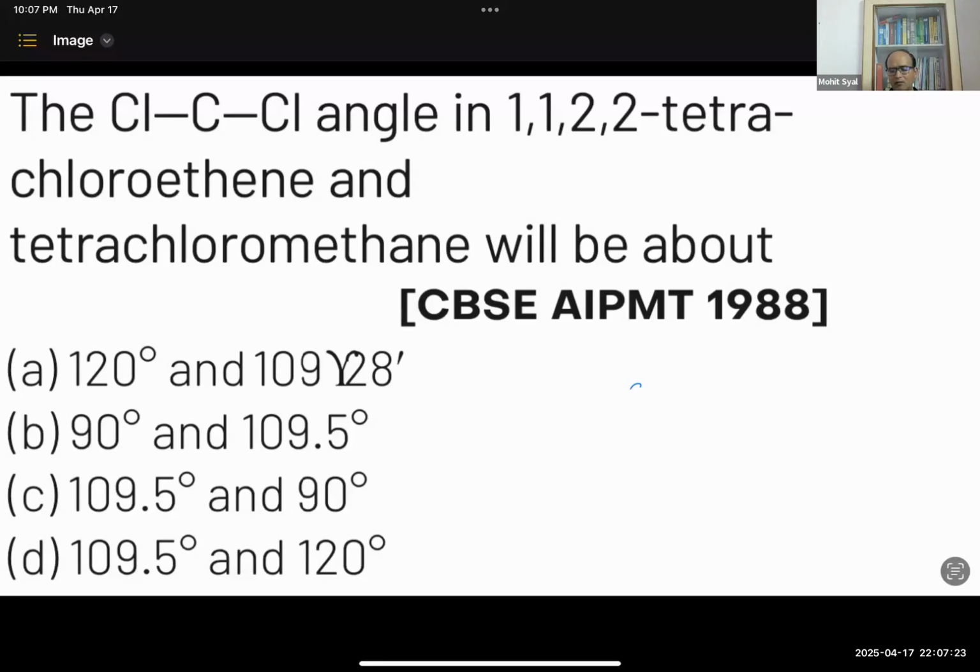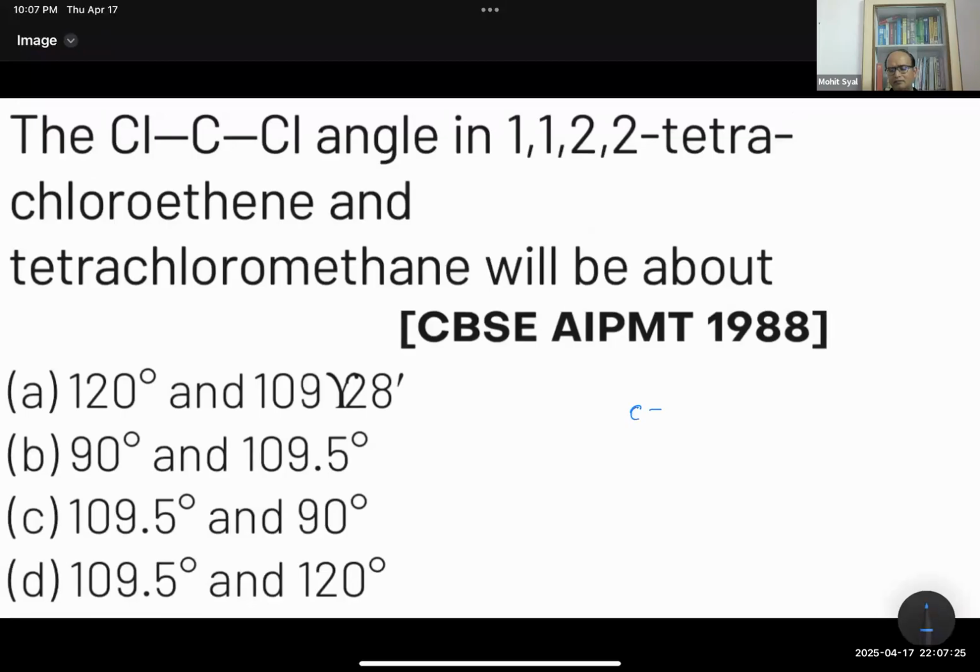This is tetrachloroethene. There are just three groups, and if you divide 360 by 3, the bond angle is roughly 120 degrees. Got it? Is it clear?